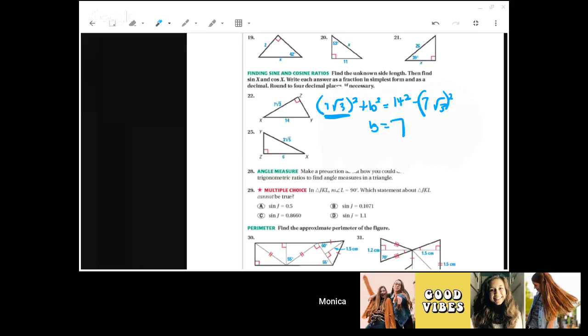And now you're going to use that to do your sine and cosine. Are you good with those parts? Okay.